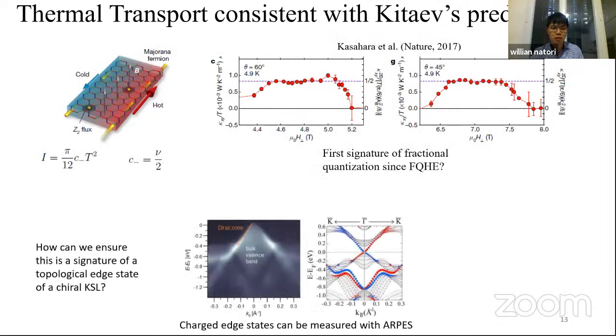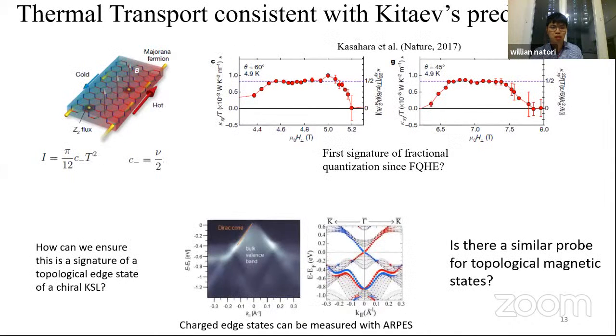So the question, of course, is how can we ensure this is a signature of a topological edge state of a chiral Kitaev spin liquid? What we desire is something that already exists for charged topological states of matter, such as ARPES for topological insulators or topological superconductors, in which you can directly compare the spectral function that you calculate theoretically with the results of the experiments.